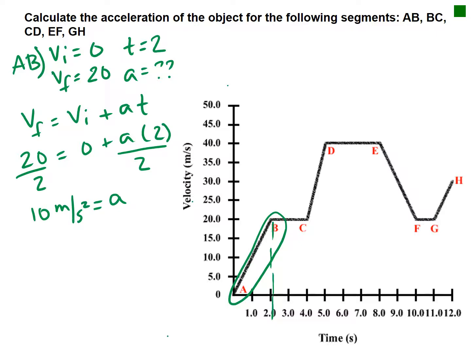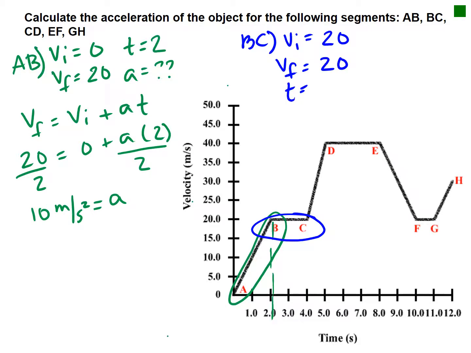All right. Next we're going to do segment BC. For segment BC, our initial velocity is 20. Our final velocity is 20. The time that it takes is 2 seconds. And we're looking for acceleration.